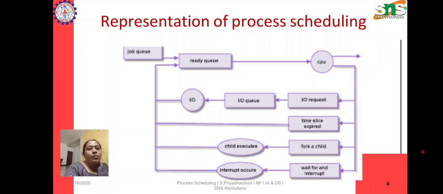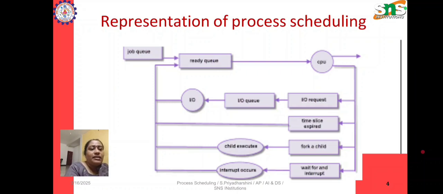From the job queue, the scheduler dispatches the processes which are ready to be executed to the ready queue, and then from the ready queue, the scheduler decides which process should be executed. If there is no error or no interrupt, then from the ready queue it will be sent to the CPU for execution, and then the process will complete its execution.